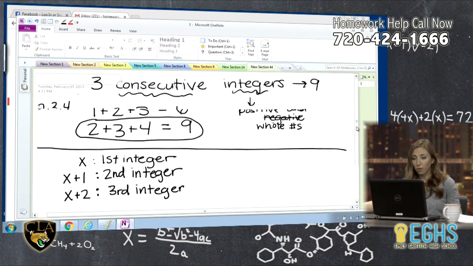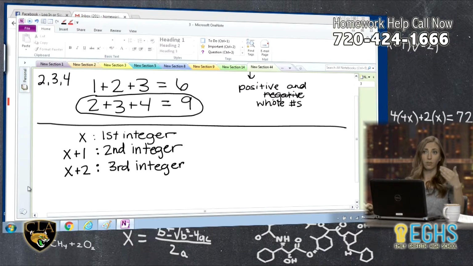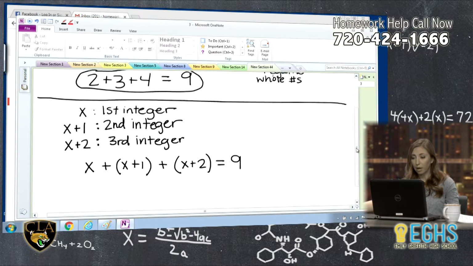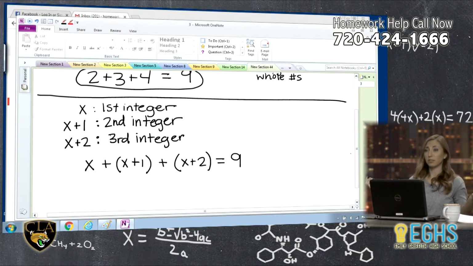Knowing or defining all of those unknowns like that, now we can create an equation. We know that x, plus x plus 1, our second integer, plus x plus 2, our third integer, should all add to give us 9. So now we have an equation, we just need to solve.